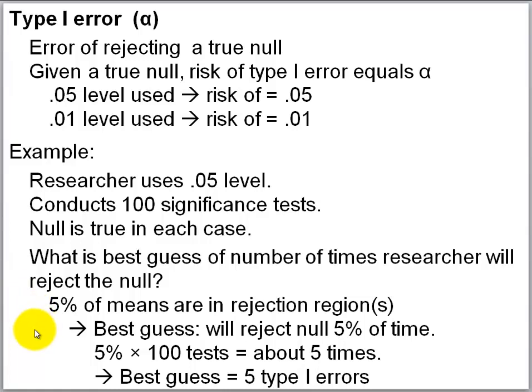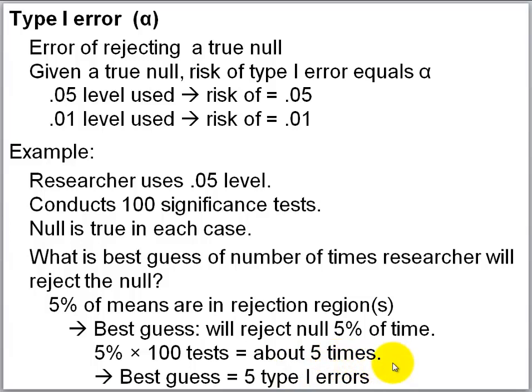So your best guess on any given pick is that there's a 5% chance of picking a result that will end up rejecting the null. So if the researcher carries out 100 different tests, your best guess is that she'll reject the null 5 times.